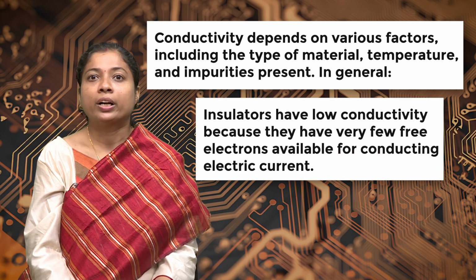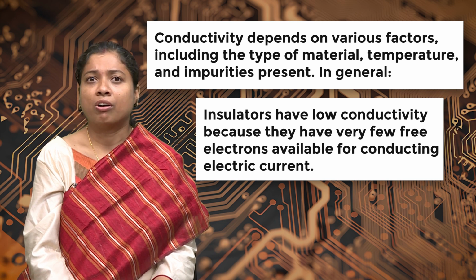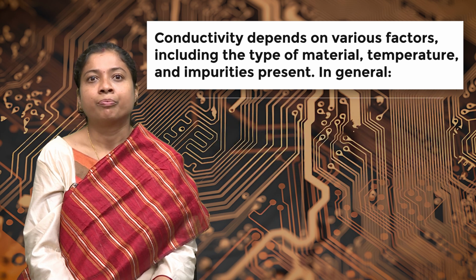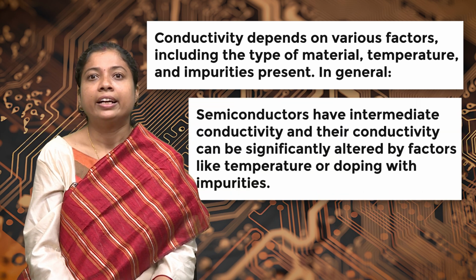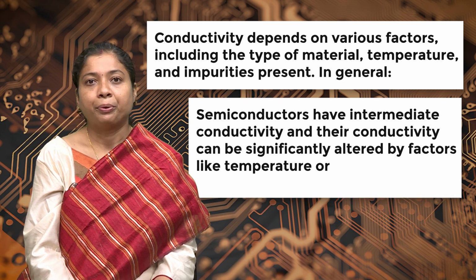Insulators have low conductivity because they have very few free electrons available for conducting electric current. Semiconductors have intermediate conductivity, and their conductivity can be significantly altered by factors like temperature or doping with impurities.